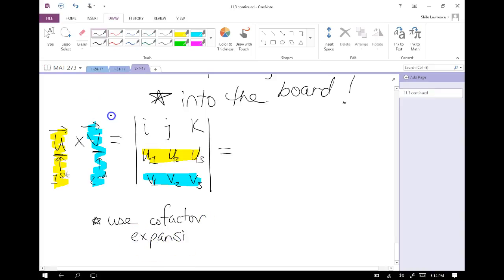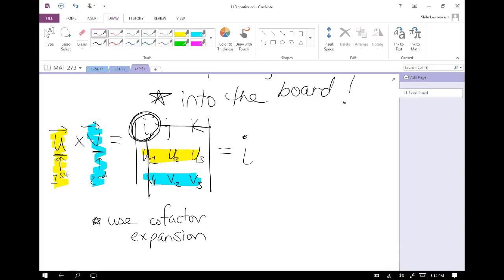The way that we do that, I'm going to expand this across my first row. So I'm going to take my I value and just write it as a coefficient. And now you're going to cover up I's column and I's row, and you'll be left with 4 values that make up a 2x2 matrix.